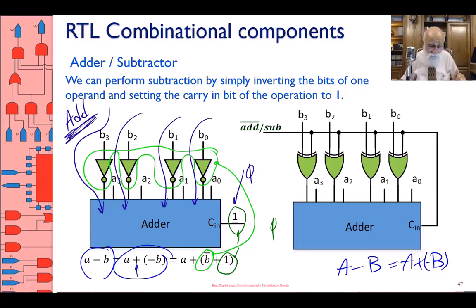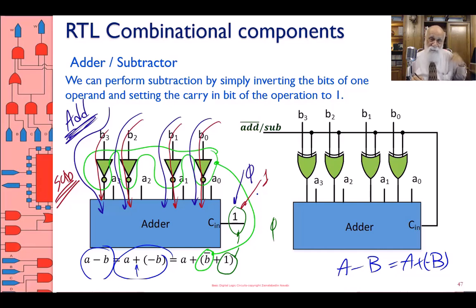If I want to subtract, I want b's to go through the inverter, get inverted, and then I put a 1 here as I'm showing.